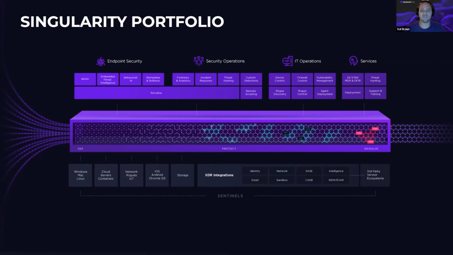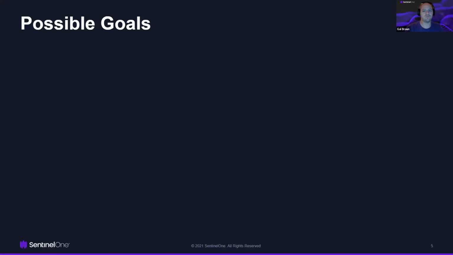Above that, there are also different kinds of services like our MDR, which is very similar to what we call a SOC, which is a service of security experts that sits inside SentinelOne and can manage customer sites if they want to.